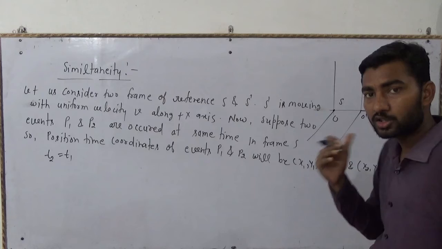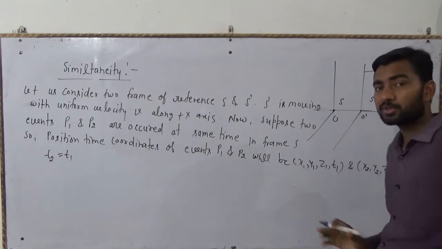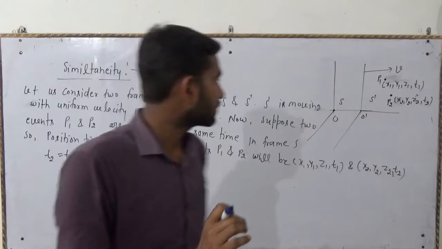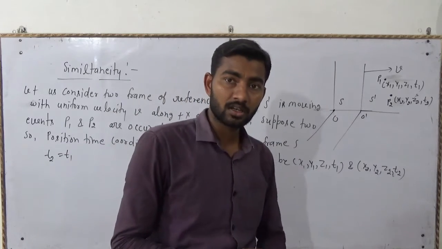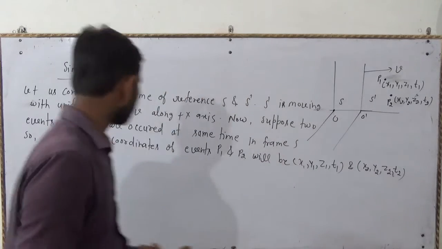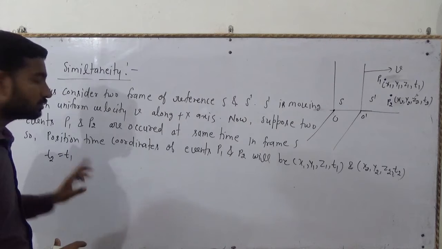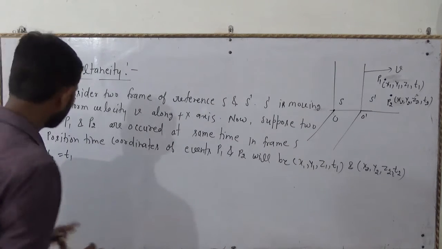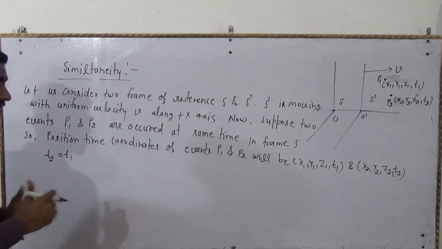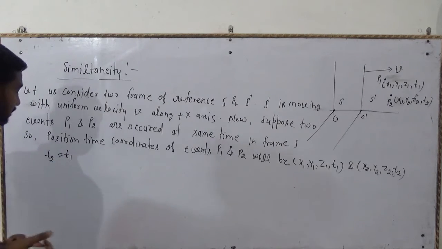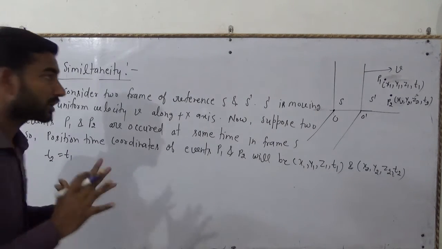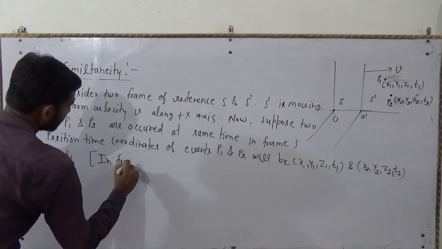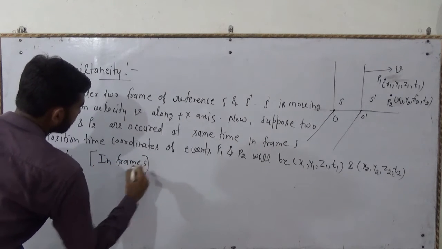If two events P1 and P2 occur in frame S at the same time, then the value of t2 will be equal to t1. In mathematical form, t2 is equal to t1 in frame S.